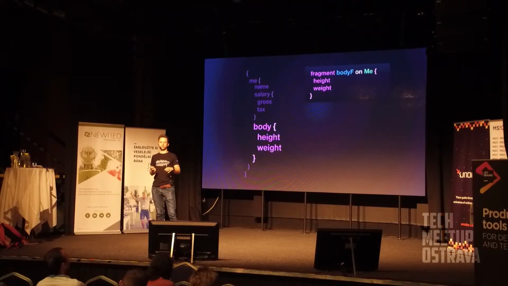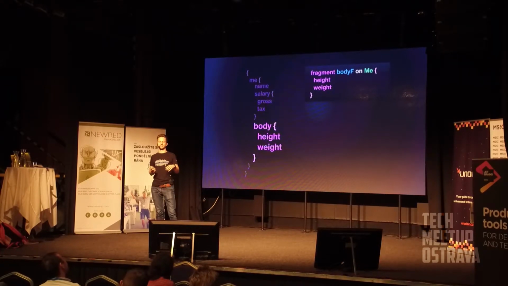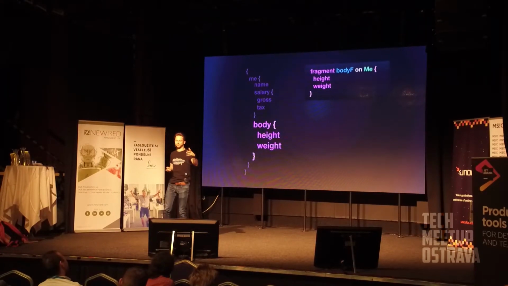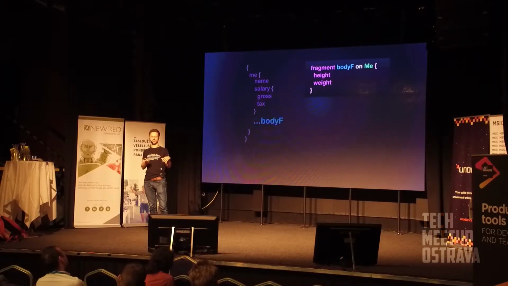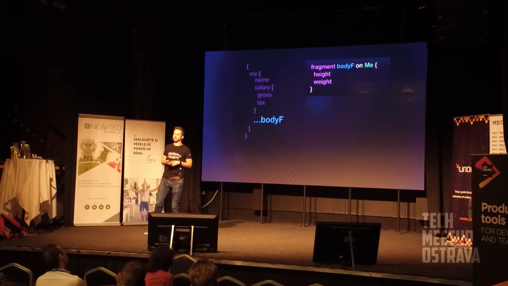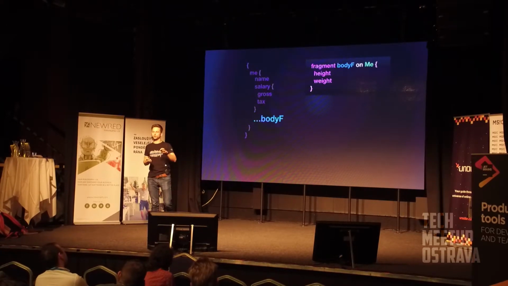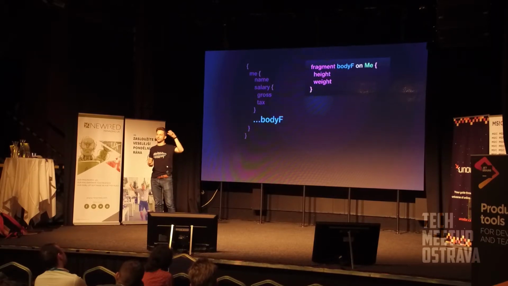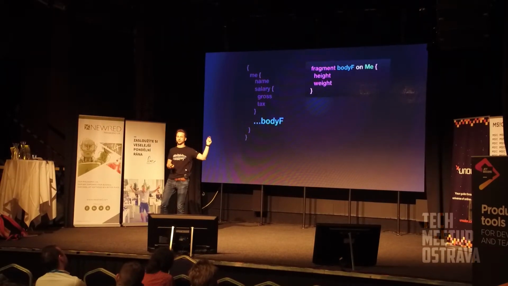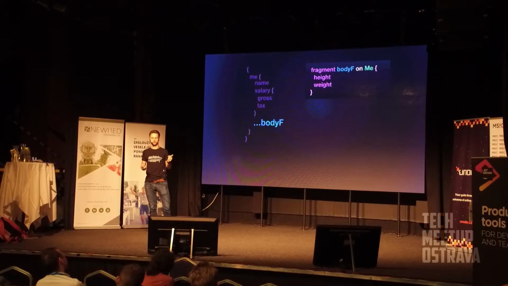So you see that I put this height and weight information of the body in a fragment, and then I can just reference it like this in the query. And you can put these fragments into child components, and then reference them in the parent component that has the main query, and it will work.